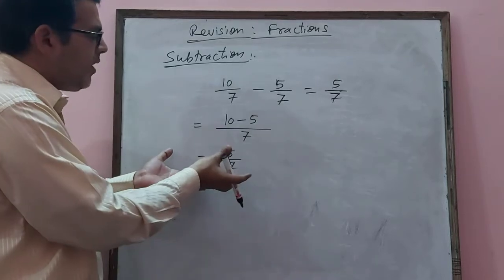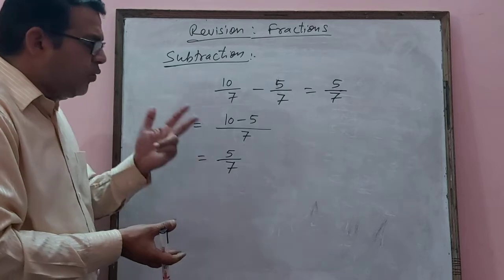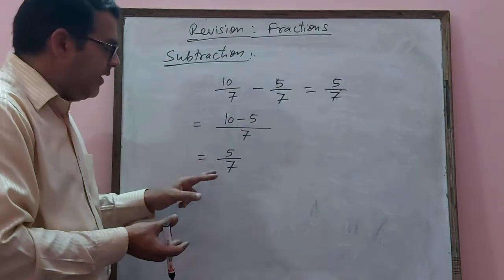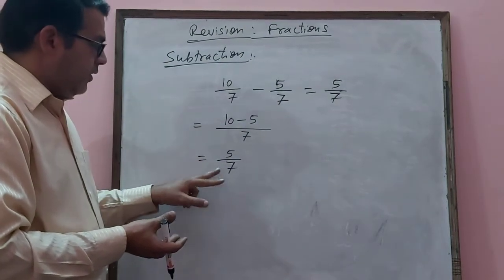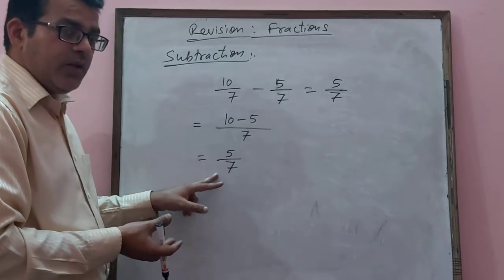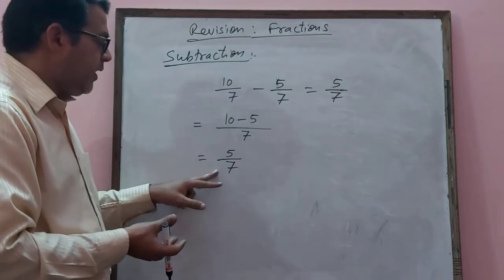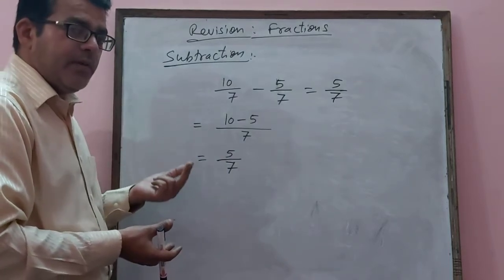So we have here 5 by 7, and when you get the result, there are two things you need to check. Either your fraction is proper or improper, and whether it may be simplified or not.